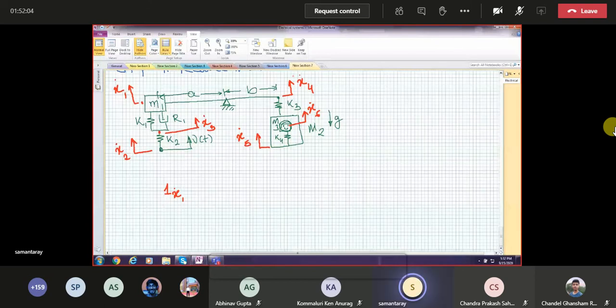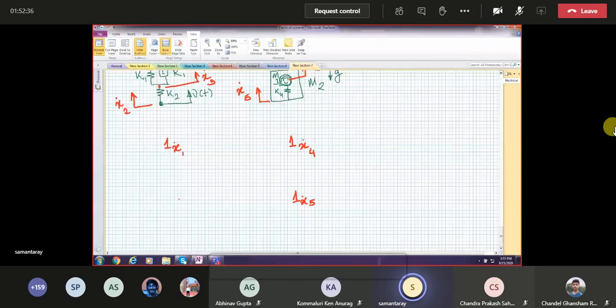Then we have here somewhere one x5 dot. Further below one x4 dot, and x6 dot will come also, one x6 dot. So these are the different velocity points we mark.